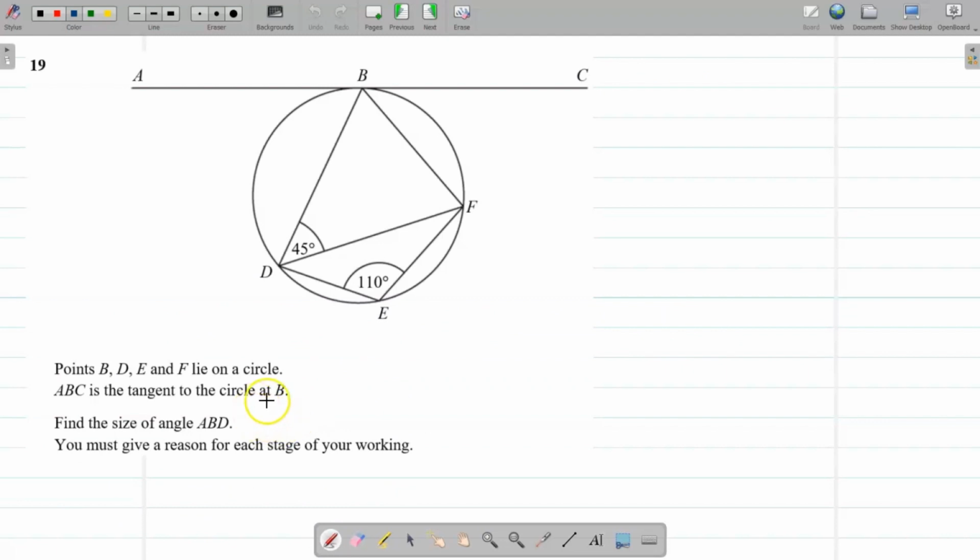Okay, in this question, you've got to show reasons for each stage of your working, so a bit of writing to do. And we've got to find the size of angle ABD. So let's just mark the angle that we're looking for. Okay, it's that one there. So step by step, we'll start with this angle here. And I'm going to write that that's 70, because it's the opposite angles in a cyclic quadrilateral.